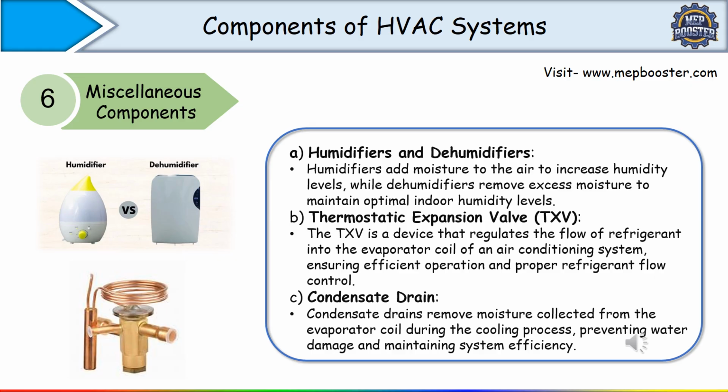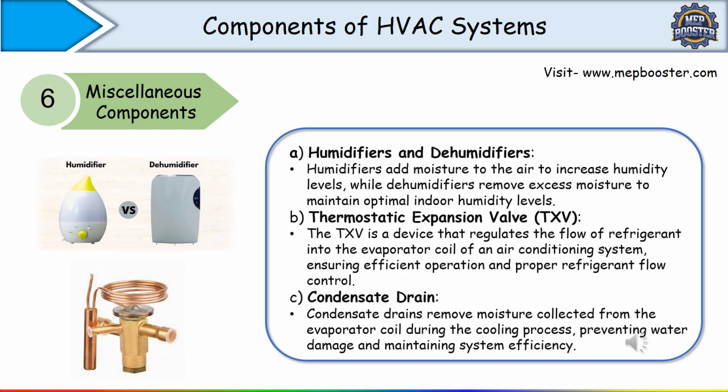Where do we have to locate this condensate drain line? This condensate drain line typically exits the HVAC system near the evaporator coil and may be routed through a wall, ceiling or floor to reach the exterior of the building or a designated drainage location.